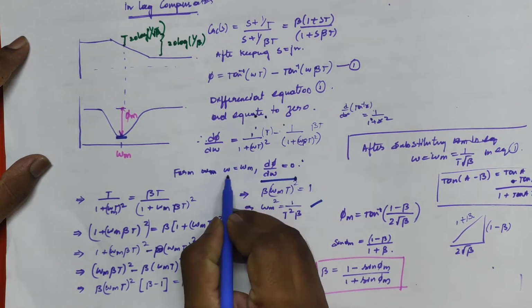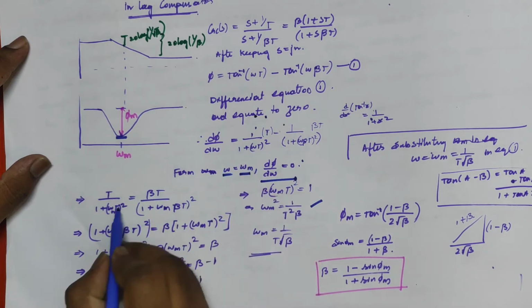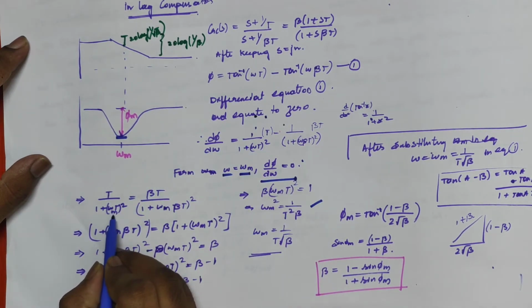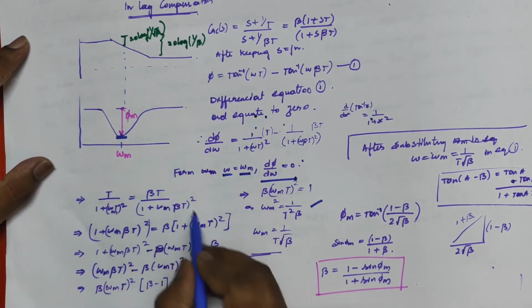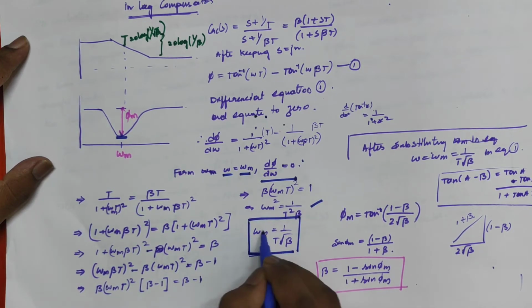At this point, if I substitute omega equal to omega m, I just changed the omega value here to omega m, and finally I got this equation. So I got omega m in terms of t and beta.